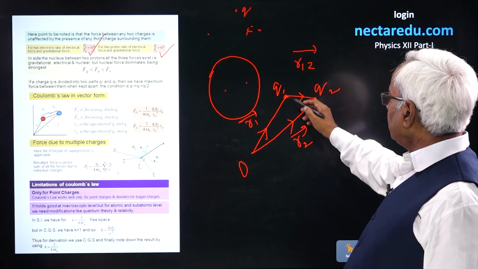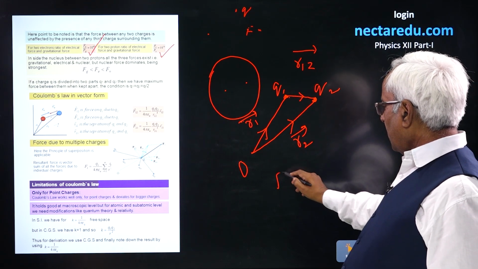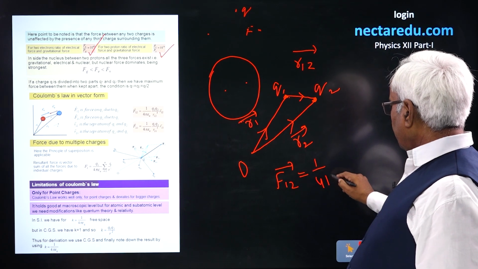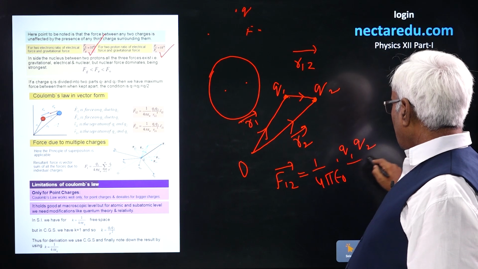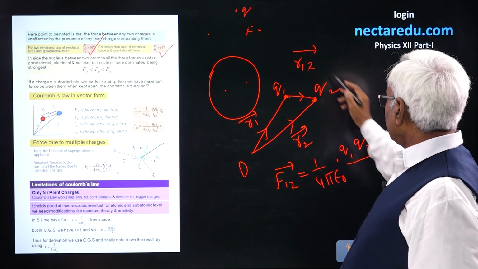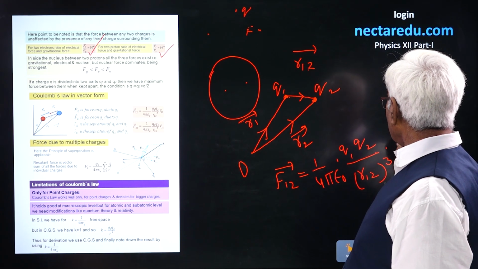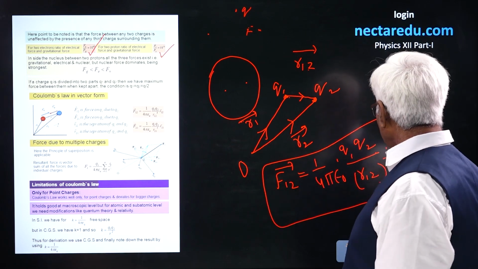If you want to find the force on charge Q2 by Q1, you have to write F12. This will be 1 by 4 pi epsilon naught, Q1 Q2 upon R12 whole cube, times the vector R12. This is the way of expressing the force.